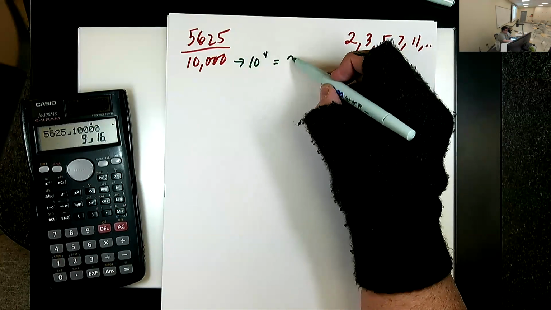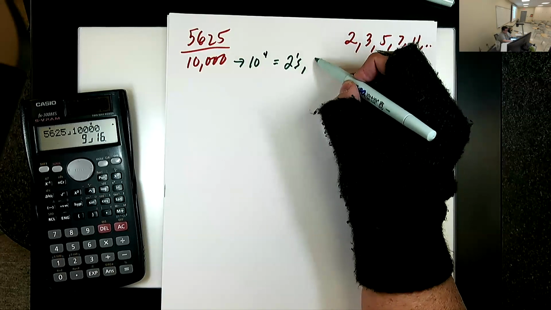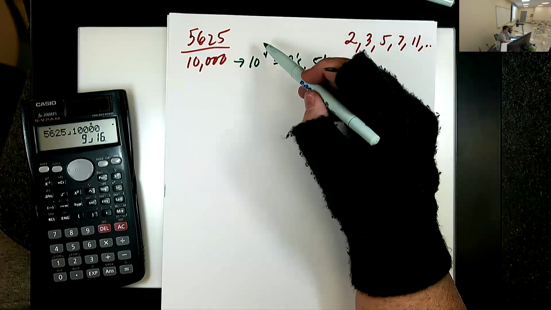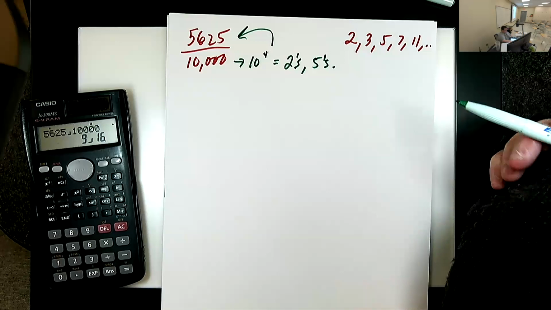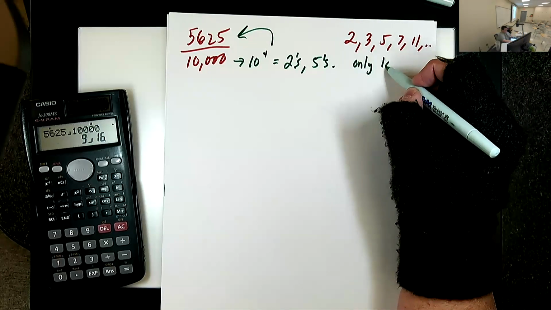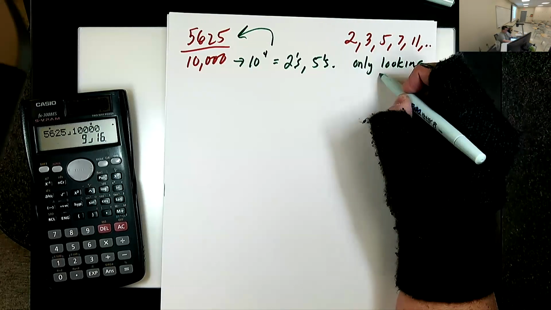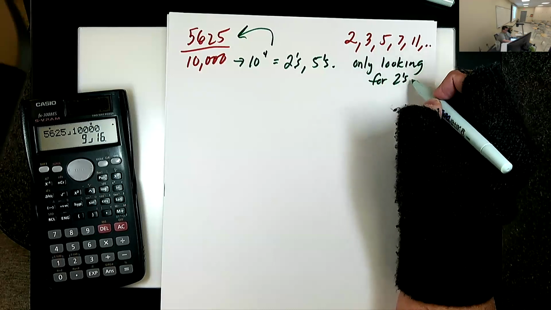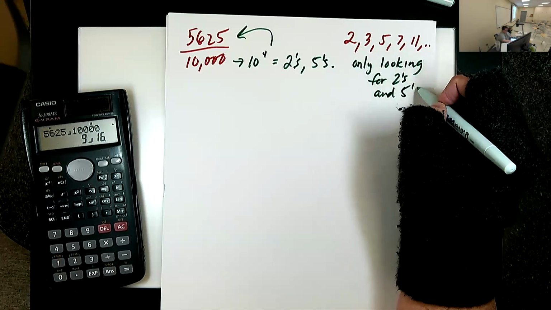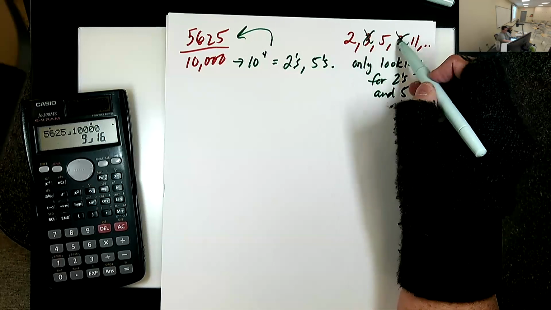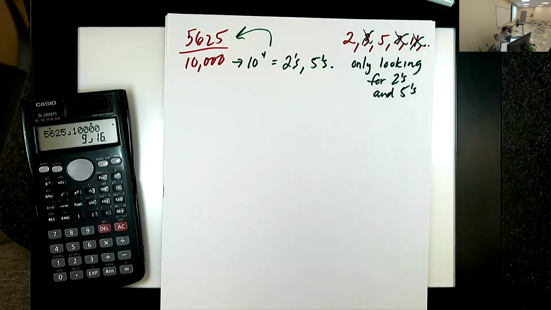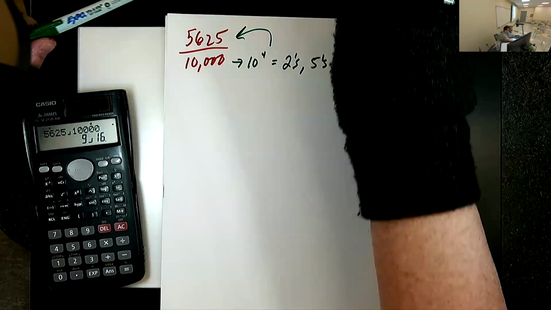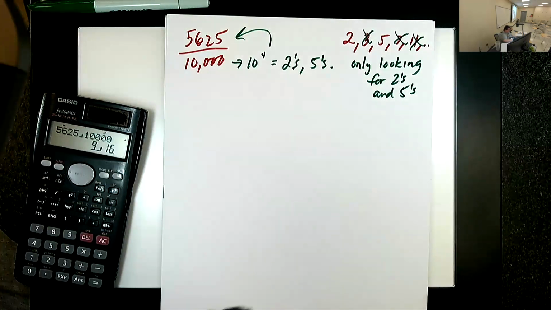It's only got 2s and 5s in it. That's what we're looking for on top. Only looking for 2s and 5s, which means we don't have to check all the prime numbers. This number is not divisible by 2, but it is divisible by 5. So keep dividing by 5.